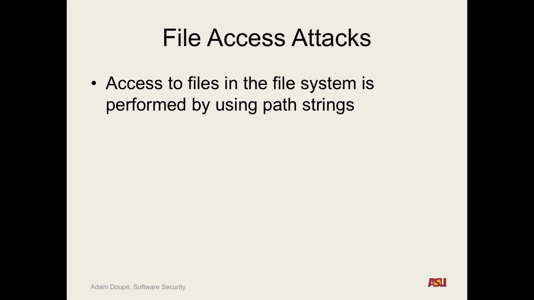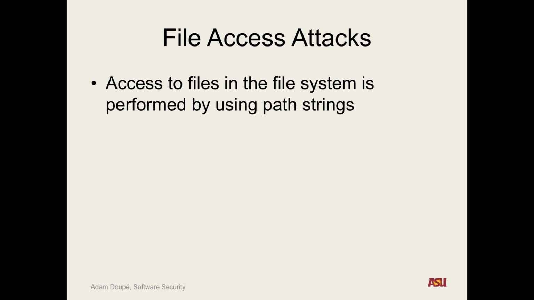What about when we open files for reading and writing? If I just say open foo.txt, where is that going to be executed? What file is going to be opened? In the current working directory. Who controls the current working directory of a program? The person who executes it.